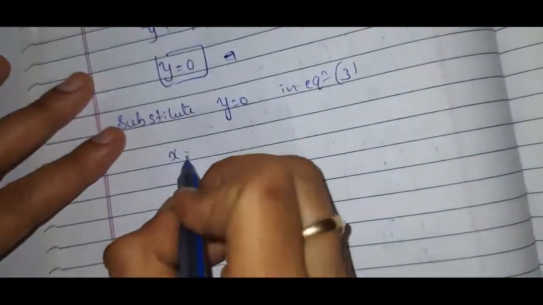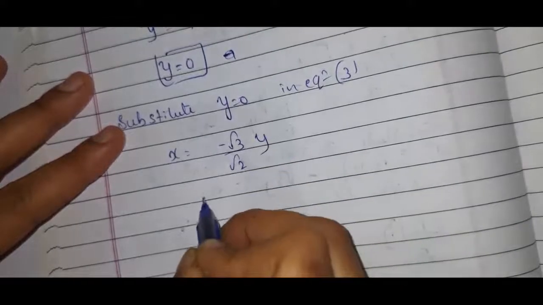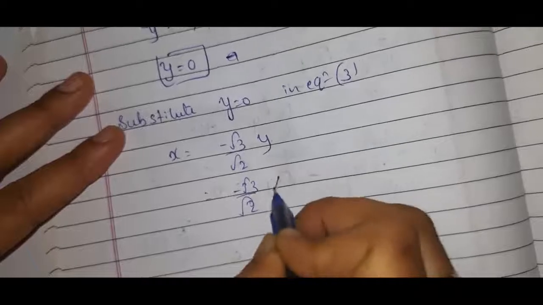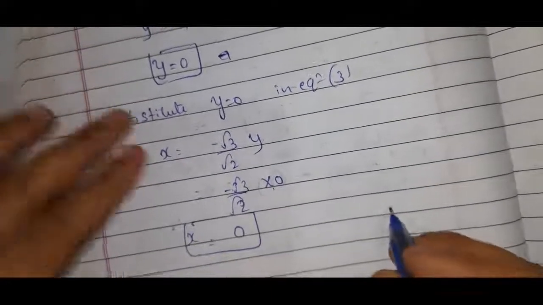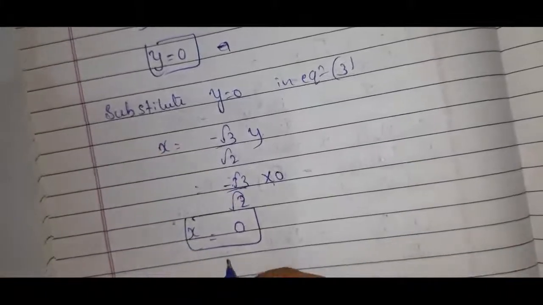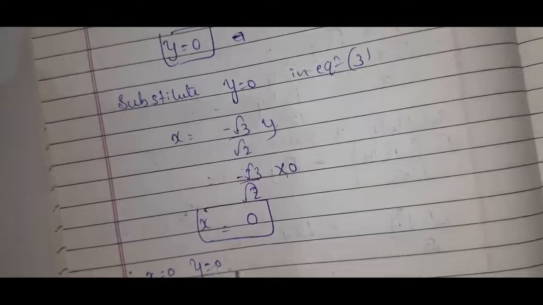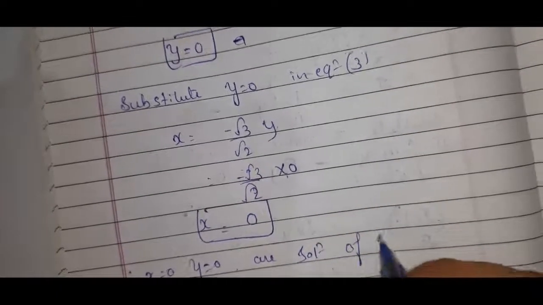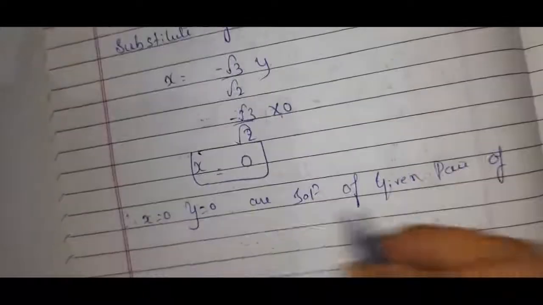That is x equals to minus root 3 divided by root 2 into y, where y equals to what we got? 0. Is it? 0 into anything is 0. X equals to 0 and y equals to 0. And therefore x equals to 0 and y equals to 0 are the solution of the given pair of linear equations.